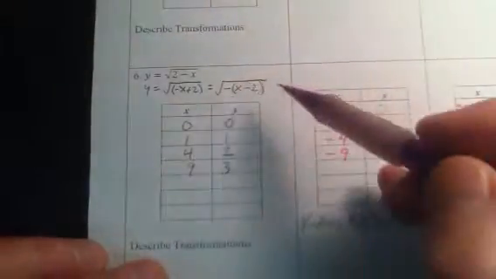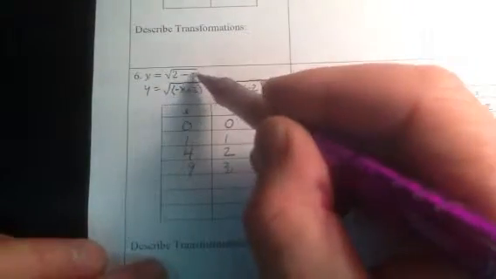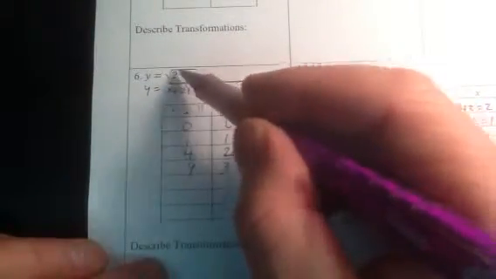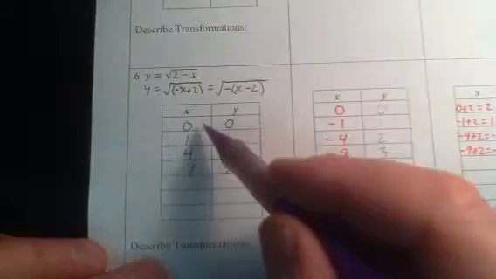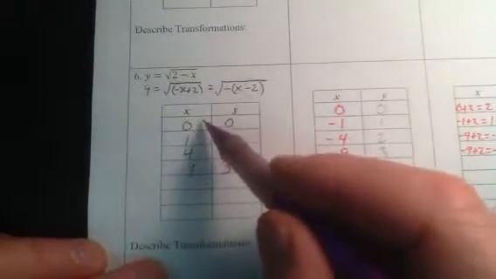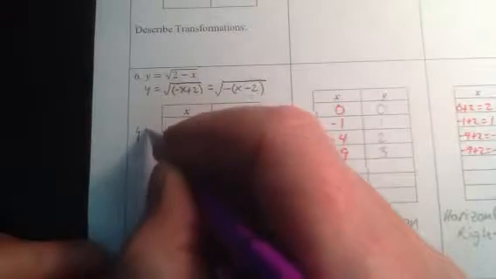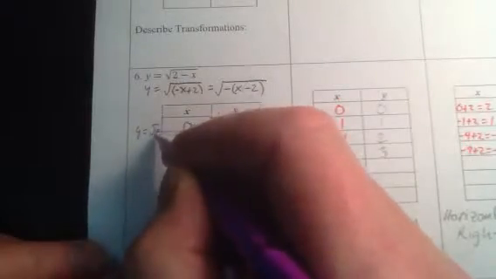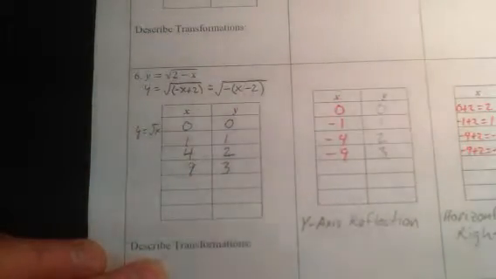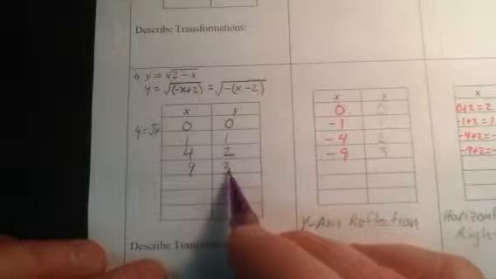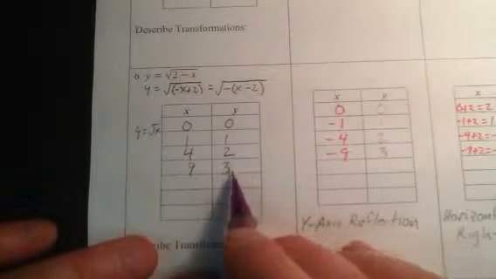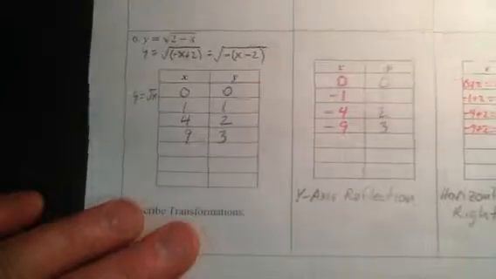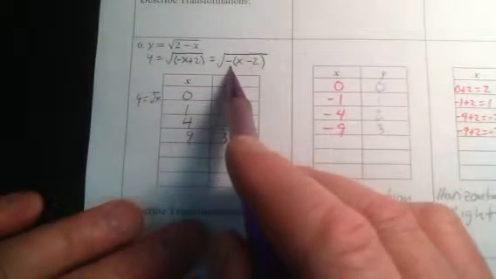Regardless of doing this little nasty trick, my parent function is clearly a root function. So I look at my parent, and there's the parent function for y equals square root of x. That's the guy that we're going to translate. So there's where we start. All right, I look in my foldable, and what is the first thing I've got to do? I've got to take care of reflections.